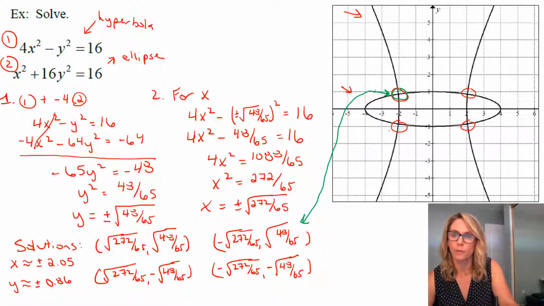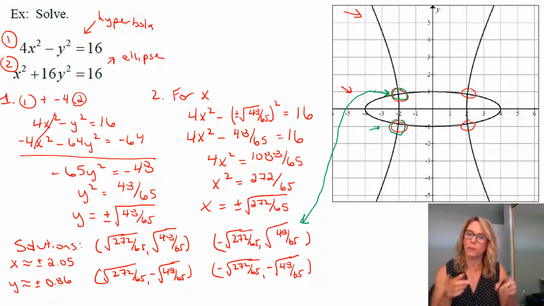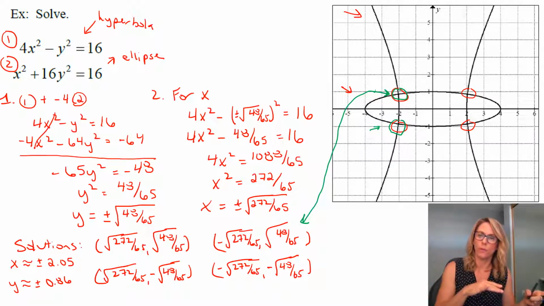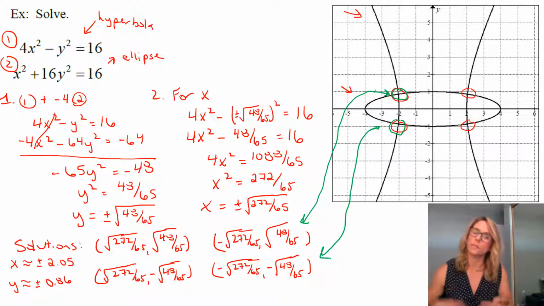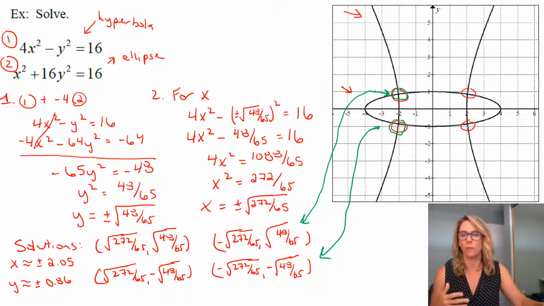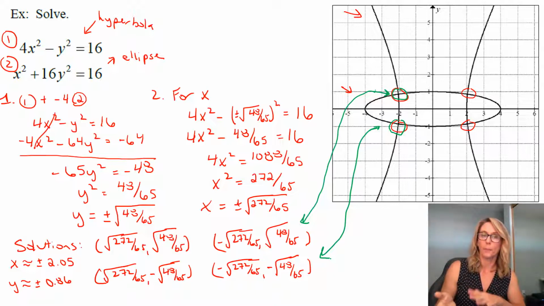We also have this solution right here. It has the same x value, negative 2.05, just a little bit less than negative 2, but not quite negative 1. So that, as you can imagine, is our negative, negative. The four values that we have relate to the 4 points you see on the visual representation of the intersection of this hyperbola with this ellipse.